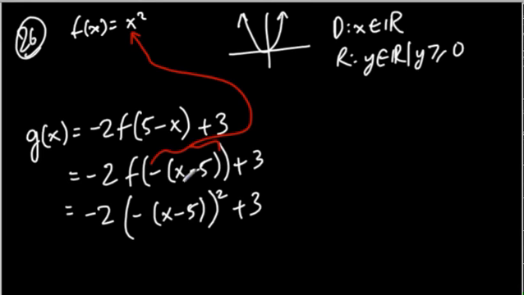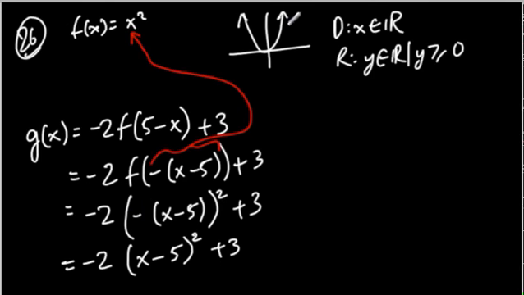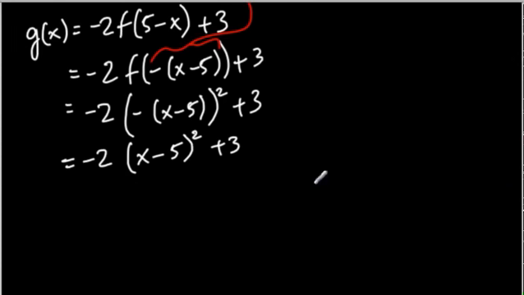Now, this whole thing is being squared, so the square of a negative will just basically be positive. So it's negative 2 x minus 5 squared plus 3. The reason these two are the same is that if I reflect this across the y-axis, it'll look exactly the same, so it really makes no difference.